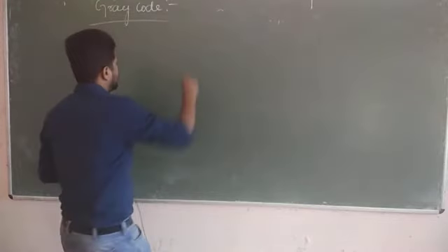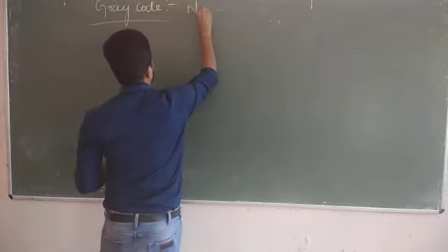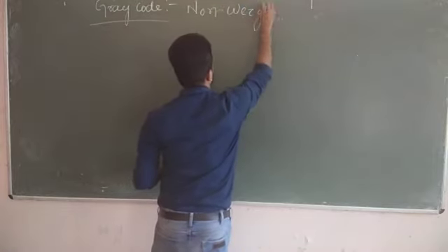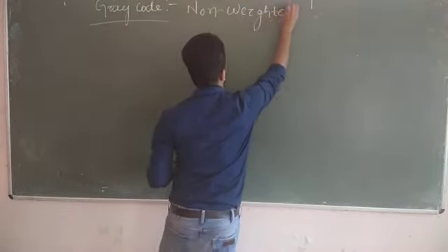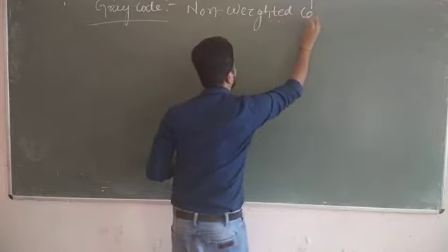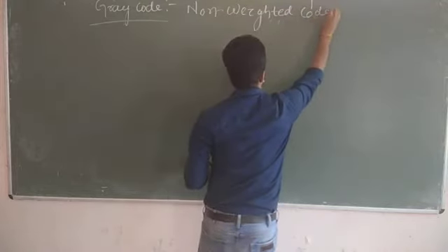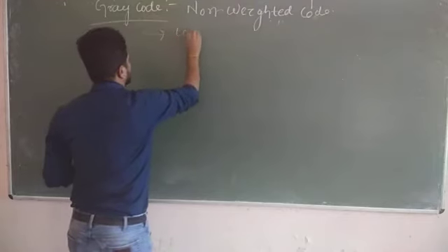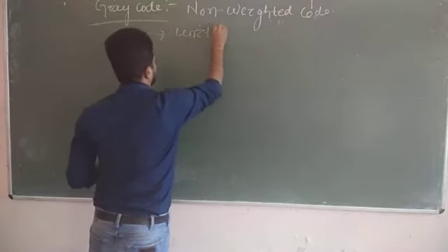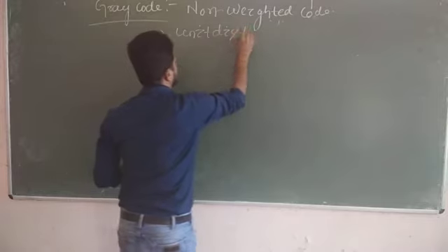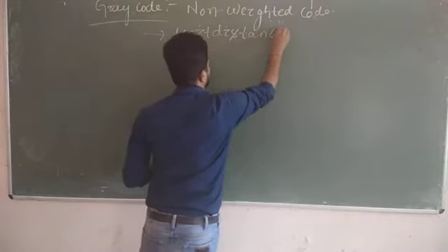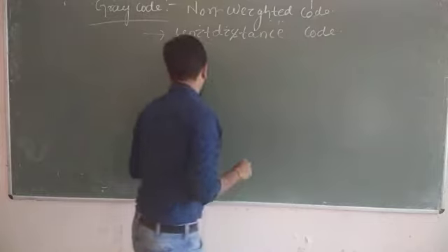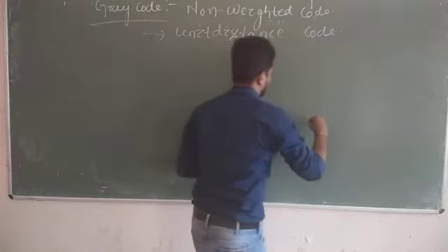Gray code, as I have already told you, is one of the non-weighted codes. This is also known as unit distance code or reflexive code.